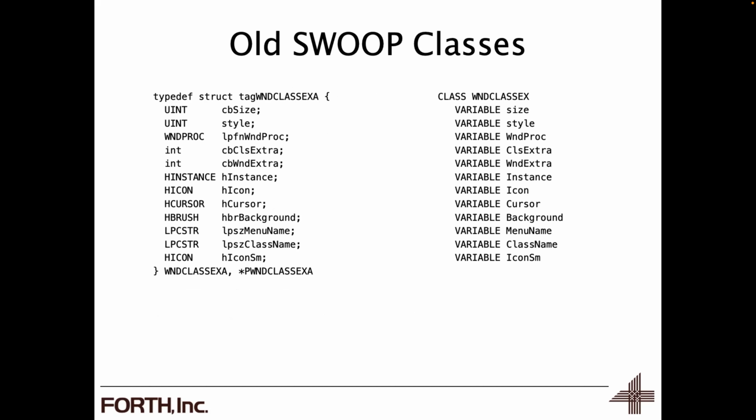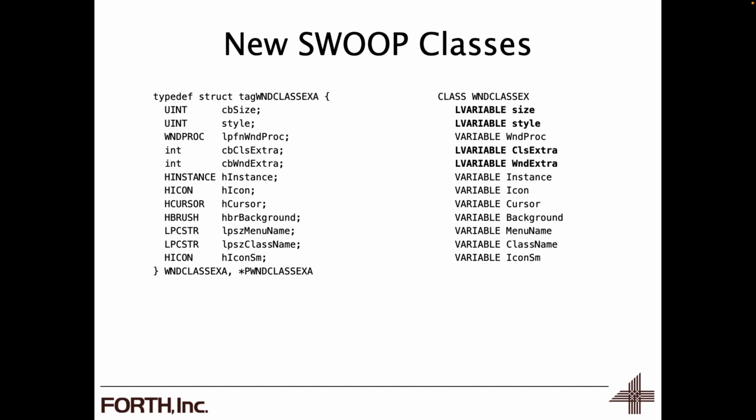So it turns out, going into the 64-bit world on Windows and also on macOS and Linux, that some of them are still 32-bit. They didn't just follow the cell size of the machine. So anything that was an int or a uint and some other things are 32-bit. So I call those L variables for long words. And this has some precedent.